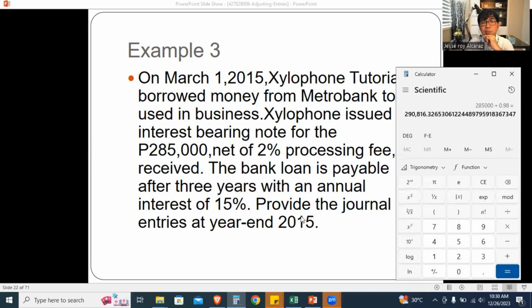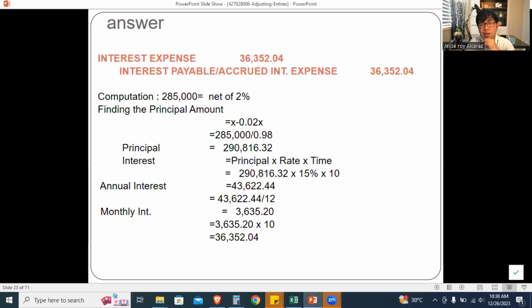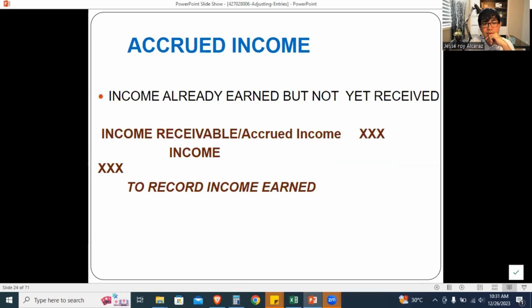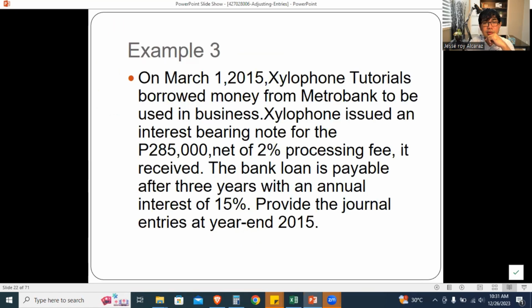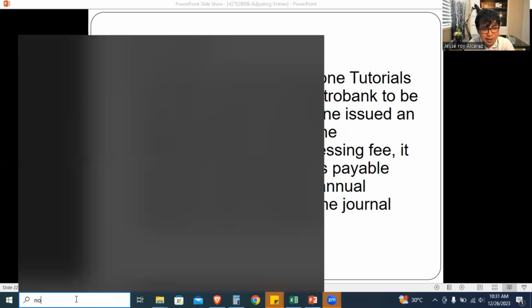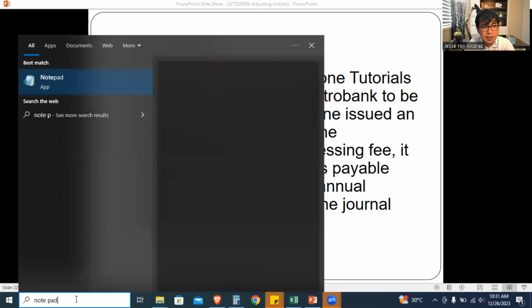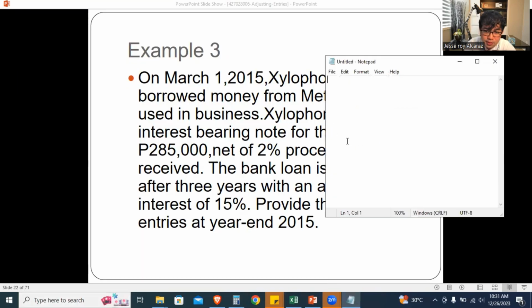So, on March 1, kailangan na nato i-record ang transaction involving the loan. Take note, we don't record the loan at 285, but instead, wala entry, no? So, ang atong entry supposedly ani is debit cash, 285,000 pesos. Credit, notes payable.